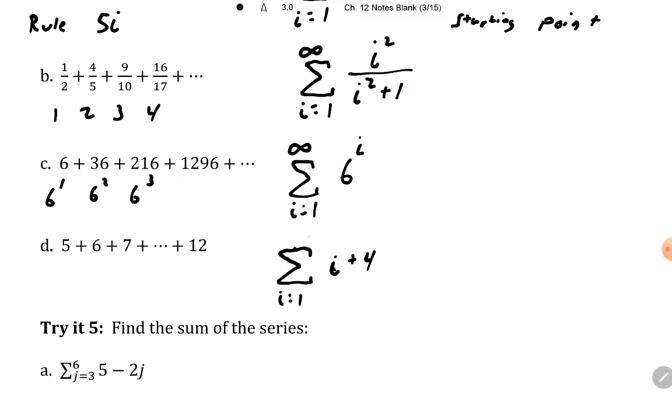So i equals 1, and this is 1, 2, 3, 8 would be 4, 9 would be 5, 10 would be 6. So this would be the 8th term, so we're stopping at 8.